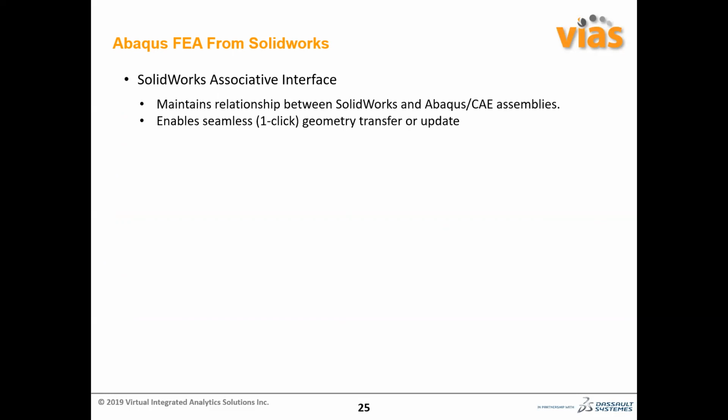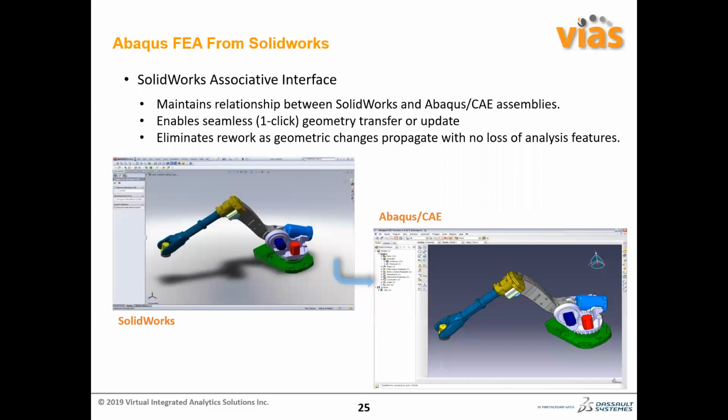If you click once in SOLIDWORKS, the geometry will be automatically transferred to Abaqus CAE. And if you rework the geometry in SOLIDWORKS, the changes will be automatically propagated to Abaqus CAE without any loss of the analysis features. So this is a SOLIDWORKS model, and with one click, you can directly bring the whole assembly to Abaqus CAE.